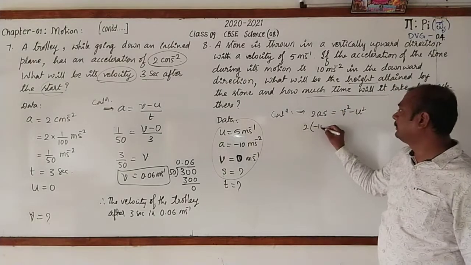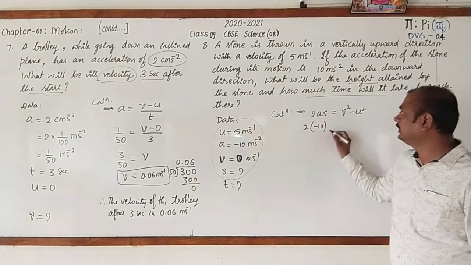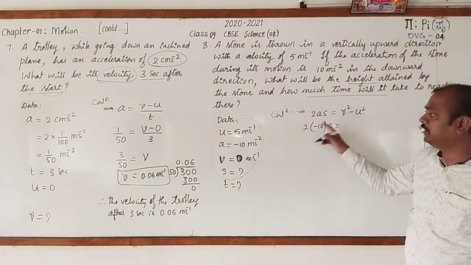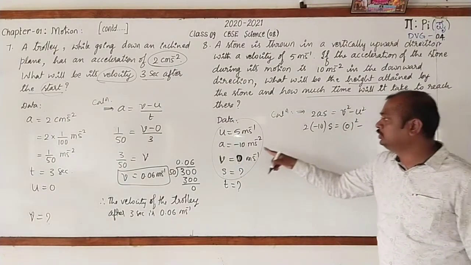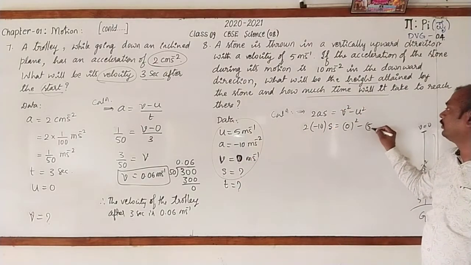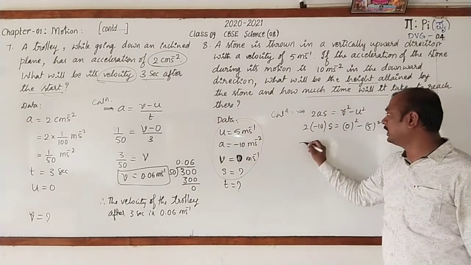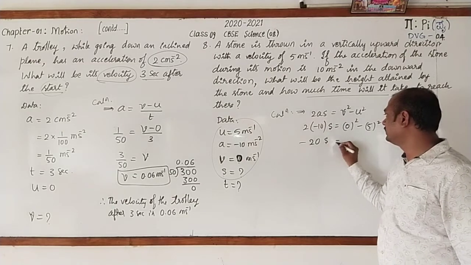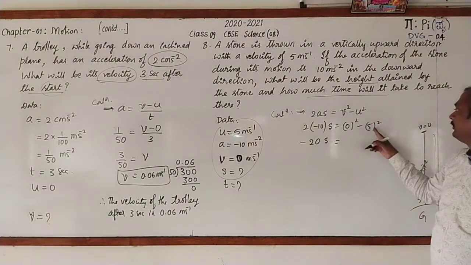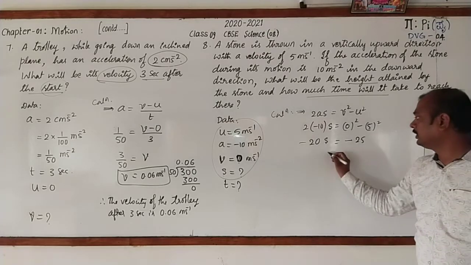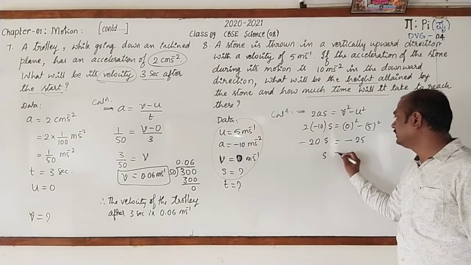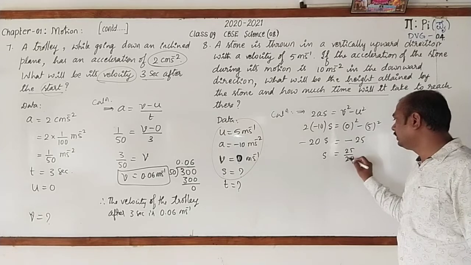It is minus 10. S is unknown. V is 0 whole square, minus U, it is 5 whole square. Next, it is minus 20 S. Yes, 0 whole square is 0, minus 5 whole square, it is 25. Now, minus minus get cancelled. S equal to 25 by 20.